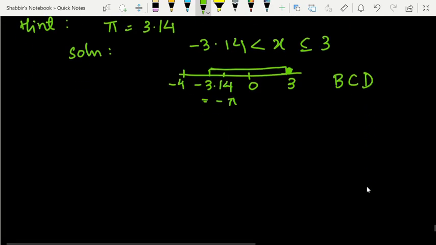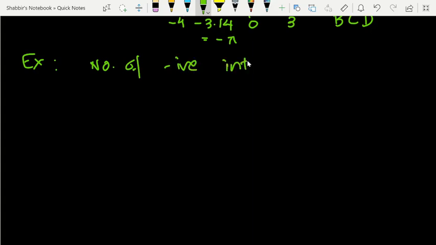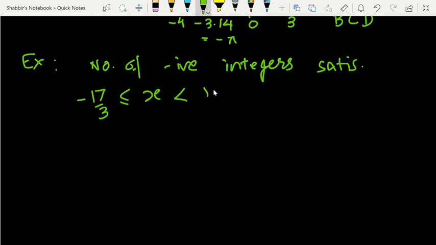Let's take another example, guys. Number of negative integers satisfying x in [-17/3, 1/2].